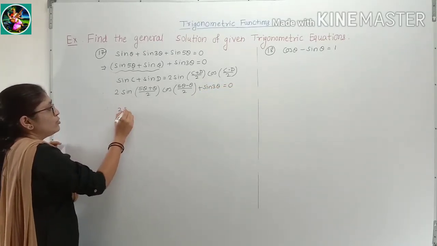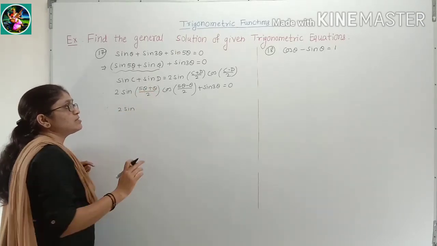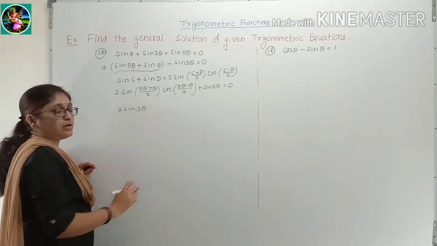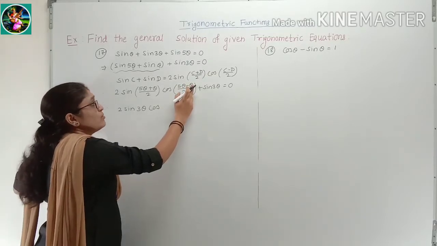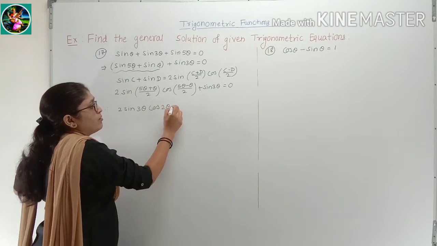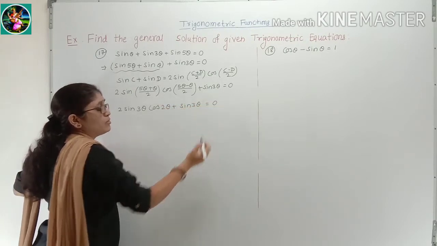Therefore, 2 sine of 5 theta plus theta, that is 6 theta, 6 theta divided by 2, that is 3 theta, into cos of 5 theta minus theta, that is 4 theta, 4 theta divided by 2, that is 2 theta, plus sine of 3 theta is equal to 0.